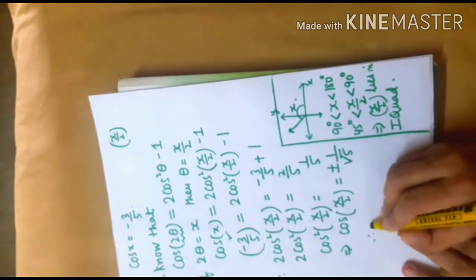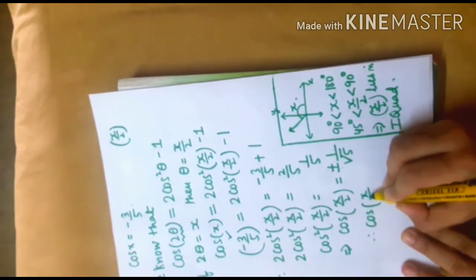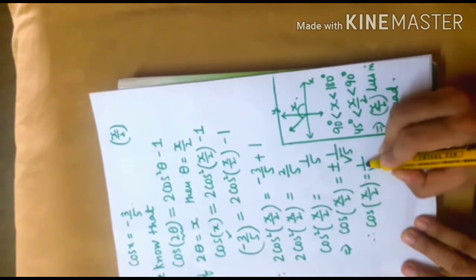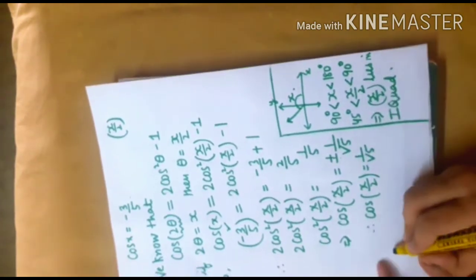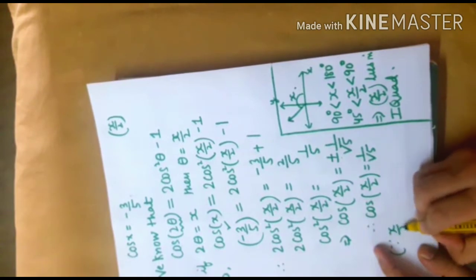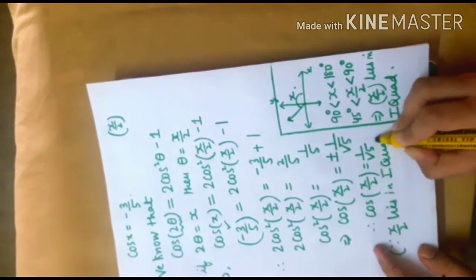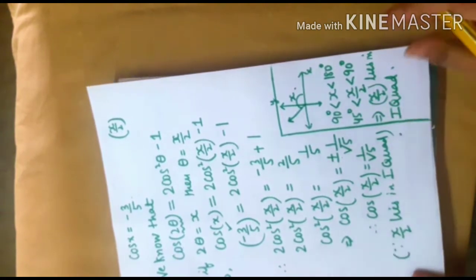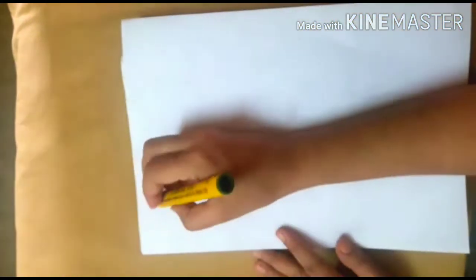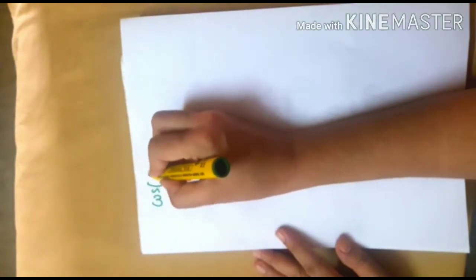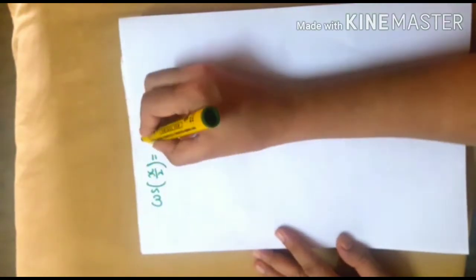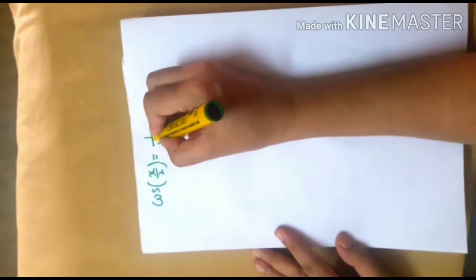So therefore cos x by 2 will be 1 over root 5, because x by 2 lies in the first quadrant, right? So now we know the value of cos x by 2, which is 1 over root 5.